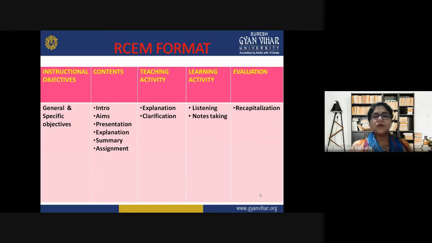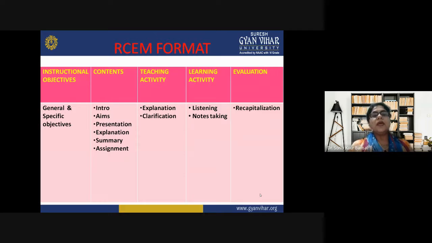So there are almost 5 columns, and in the first column, we have written about instructional objectives. And instructional objectives are divided again into general and specific objectives. See, again, I'm reminding you students that general objectives are related to LSRW skills, but specific objectives are related to that particular content of the day that you are teaching to your students.